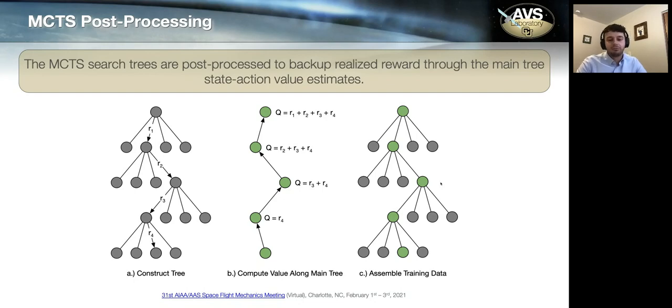After each completed planning horizon, we take the search tree and we back up the reward found throughout the search tree along the main trajectory to get a better measure of what the state action value function is along the main node. And we keep the other 3 nodes at each level of the search tree at the intermediate state action value function.